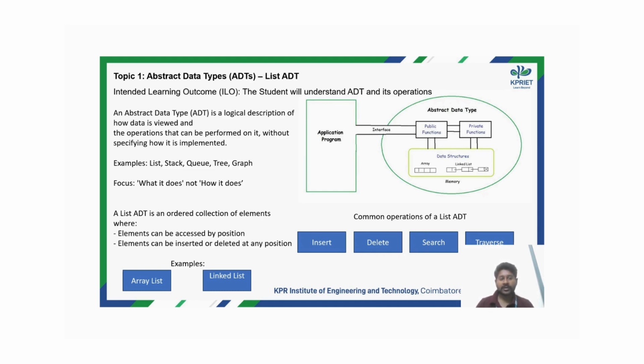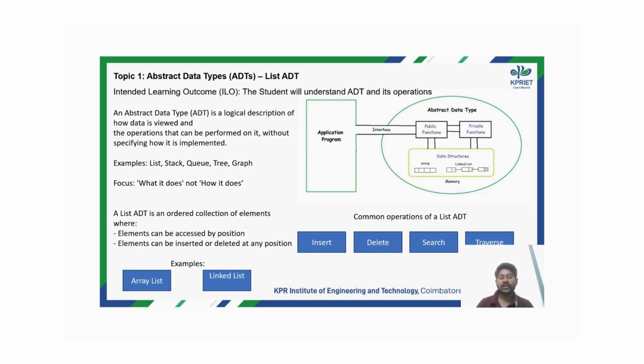An abstract data type is a logical description of how data is viewed and the operations that can be performed on it without specifying how it is implemented. The explanation is very simple: in the abstract data type, it refers to how data is viewed. For example, if I say a number 5, from a C programming point of view, or in Python, whatever coding you are taking, 5 is an integer value.